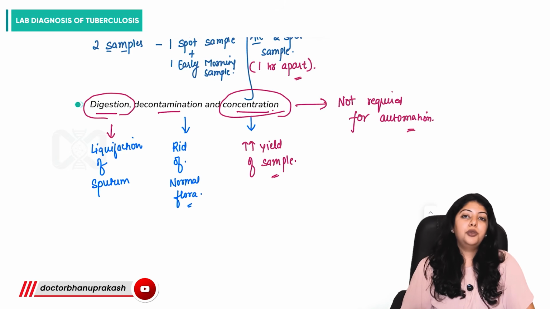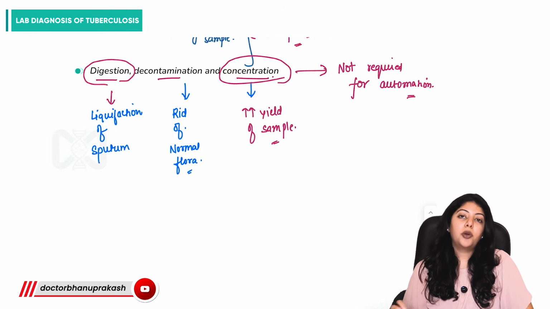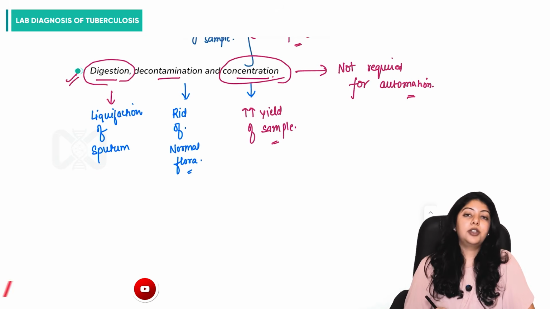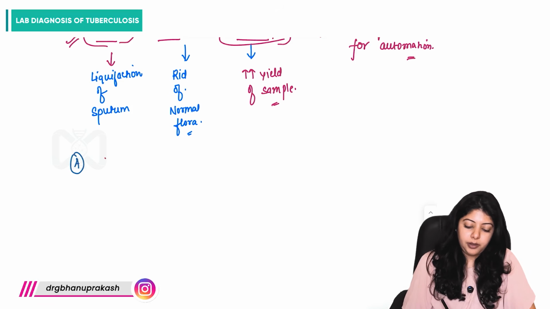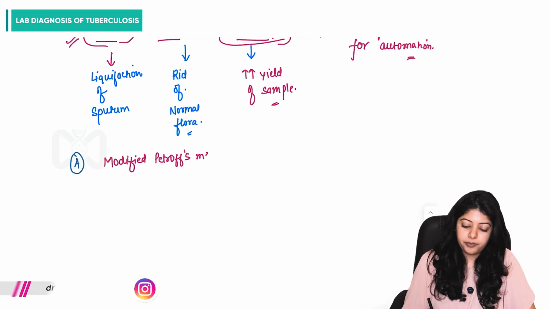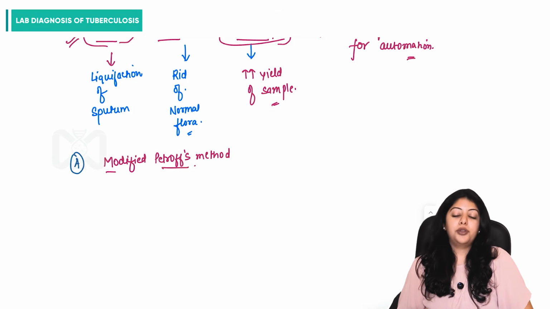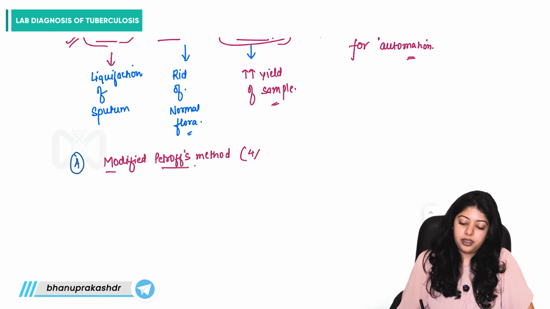So what are the two methods that we most commonly use for this step? Method A is the modified Petroff's method, where we use around 4% NaOH.